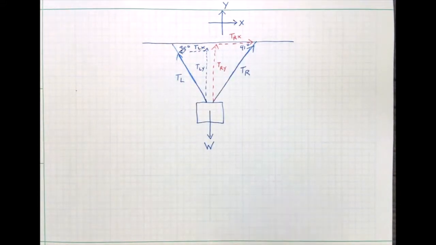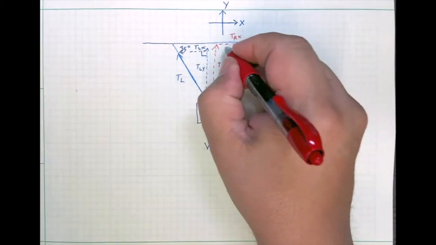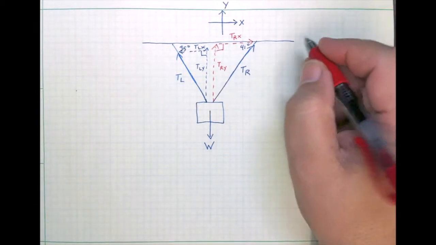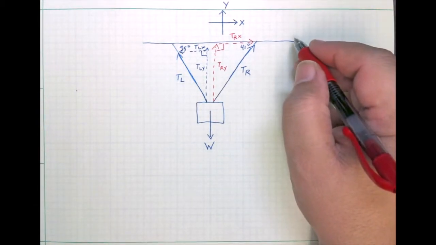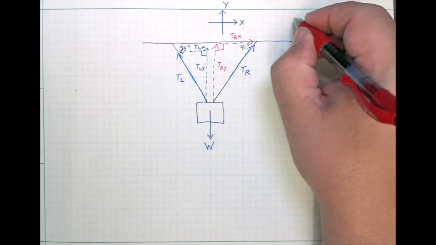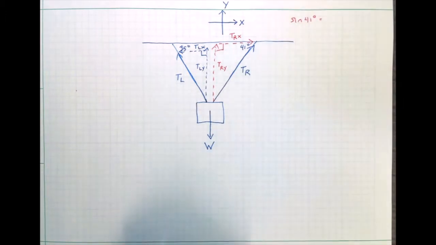All right, so we've drawn our components, remembering that the components make right angles with each other, as always occurs with X and Y, so we have ourselves a couple of right triangles. That will be valuable to us as we now move on to the next part of this, which is to write out formulas for those components. Looking first at the right-hand side, we can begin, as we usually do, with the sine function, with the angle in question being 41 degrees.